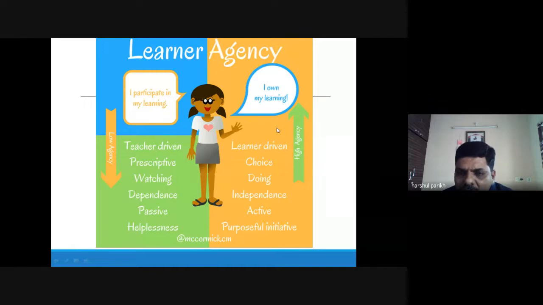When we shift to the new concept, it is learner driven. It gives choice to the student. Students are more engaged, doing the work, task oriented. It gives flexibility and independence of learning. Participation of the student becomes active, and that's why it is purposeful education.